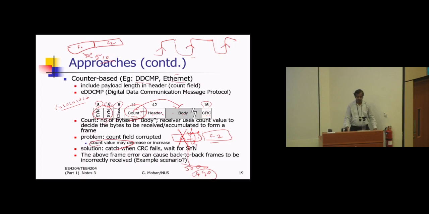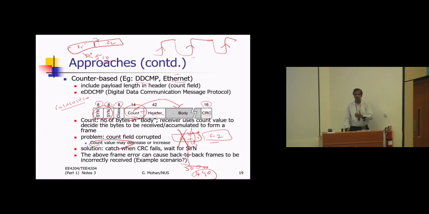So, what will the receiver do? The receiver will receive 510 bytes to mark the frame. When it receives that many bytes, it has actually received a few bytes from the next frame also.